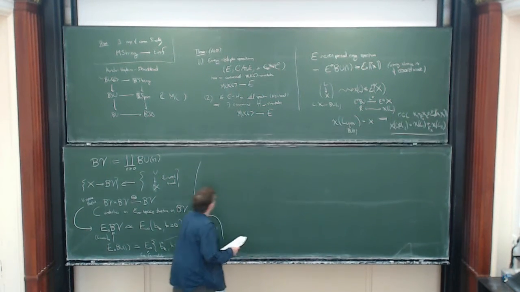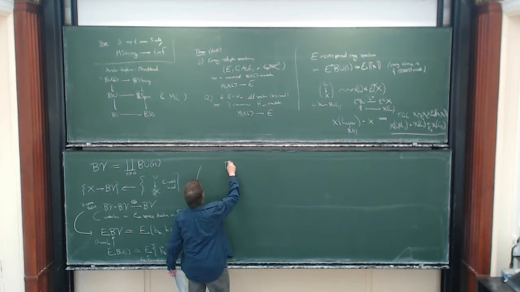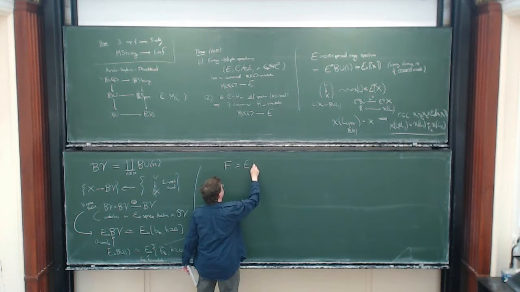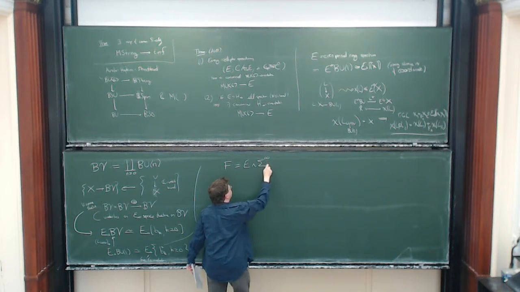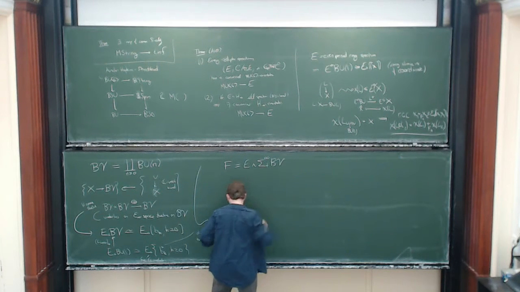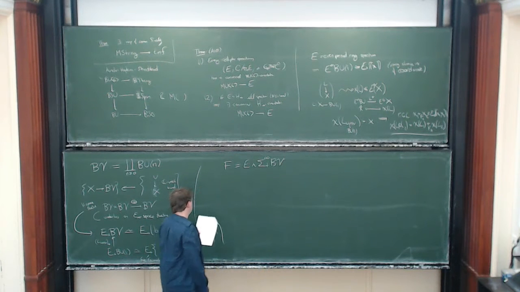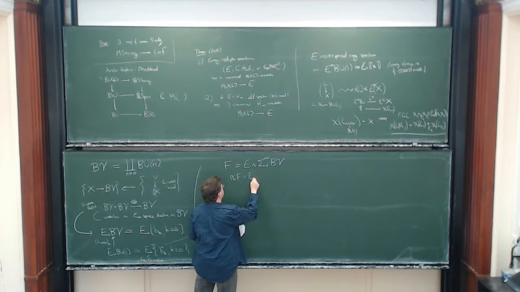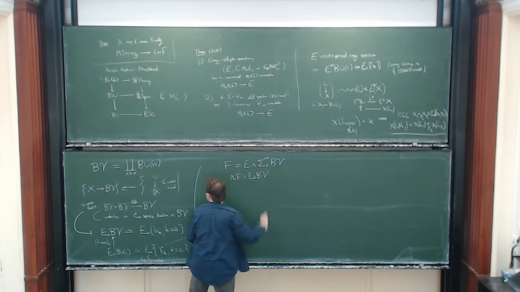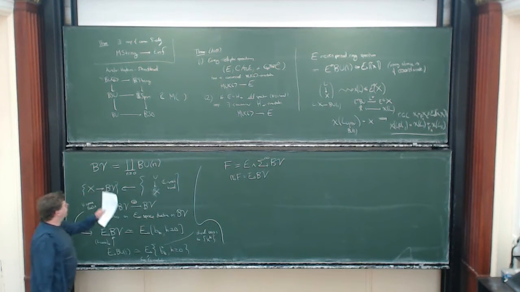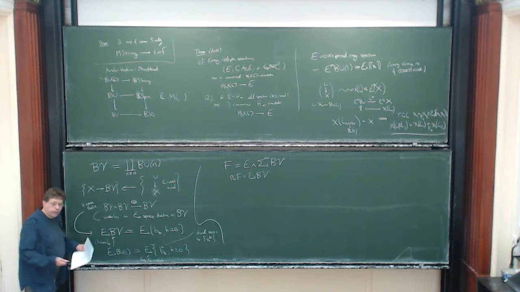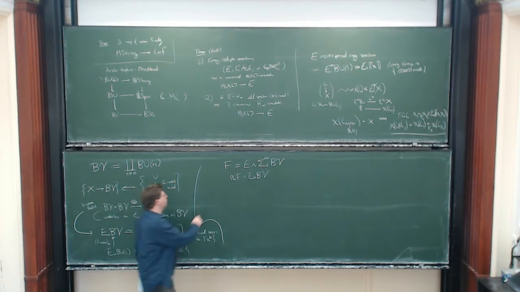Now I want to consider F. F is going to be a spectrum. It's E smash the suspension spectrum of BV. So of course, this is the spectrum whose homotopy groups are the homology of BV. Since E is assumed to be a homotopy commutative ring spectrum and BV is a homotopy commutative H-space, this is also a homotopy commutative ring spectrum.